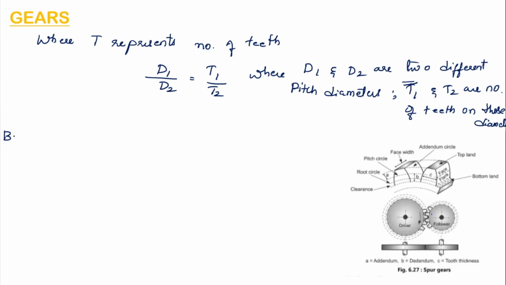Then there is diametral pitch. It is defined as the ratio of number of teeth to the pitch circle diameter.